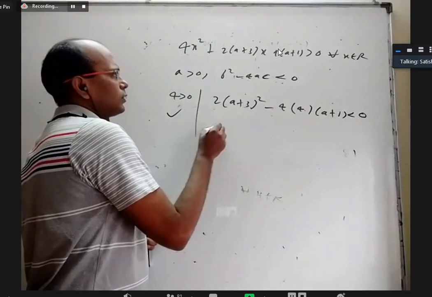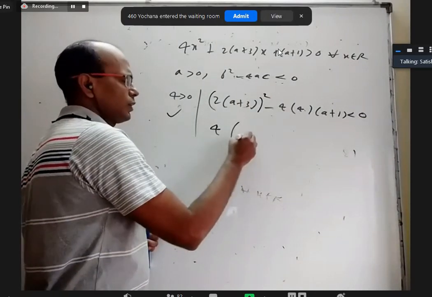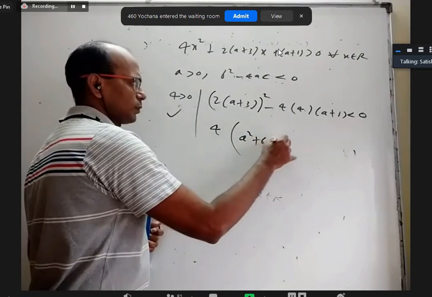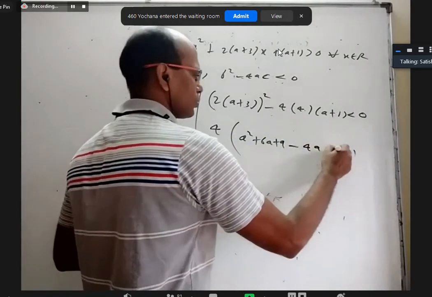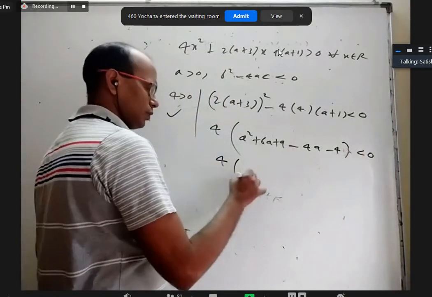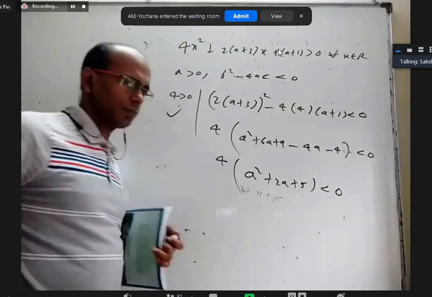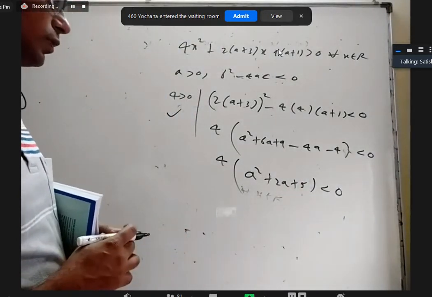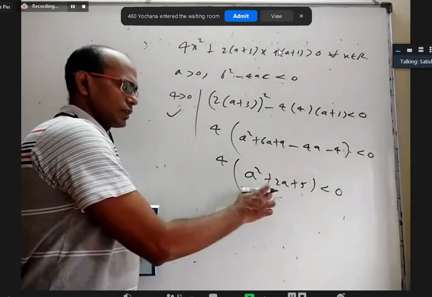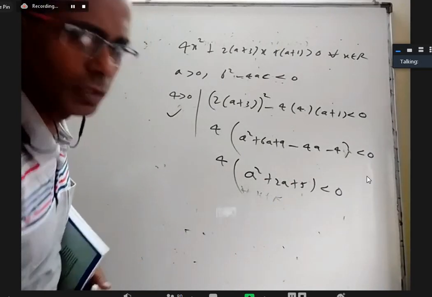I can take 4 common, I'll get a square plus 6a plus 9 minus 4a minus 4, it should be less than 0. When I expand this, a square plus 2a plus 5 should be less than 0. But that is not possible because it's always positive, but they want it to be negative. So no solution. Is the answer no solution?